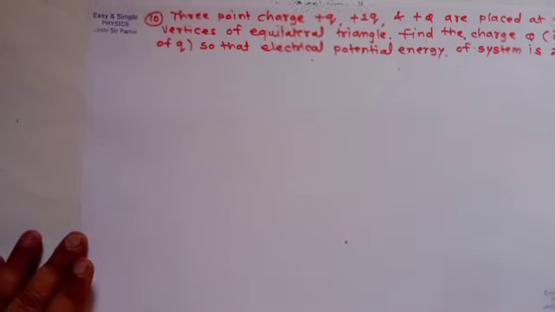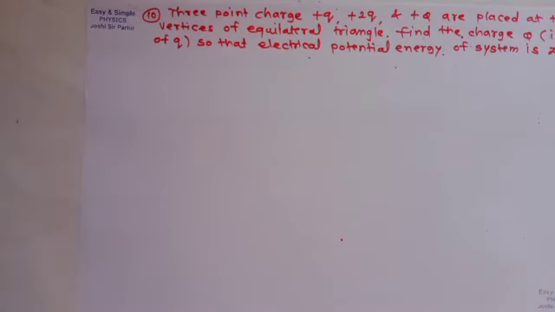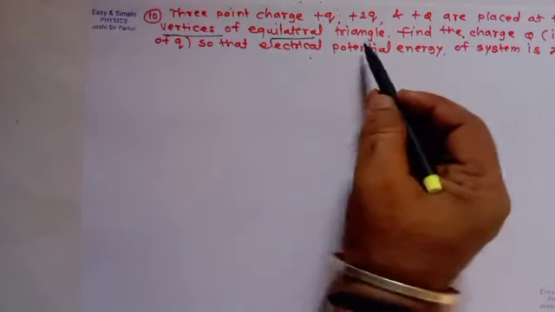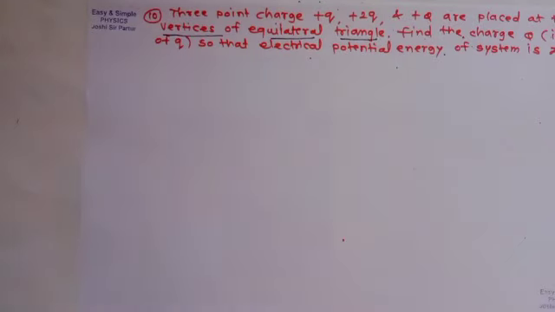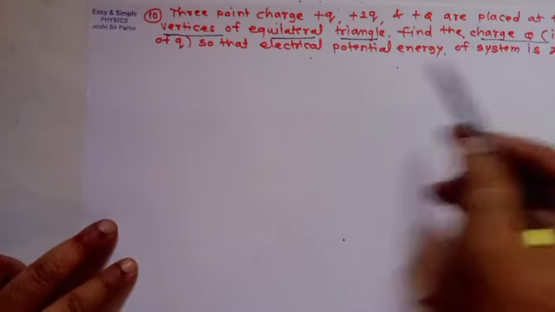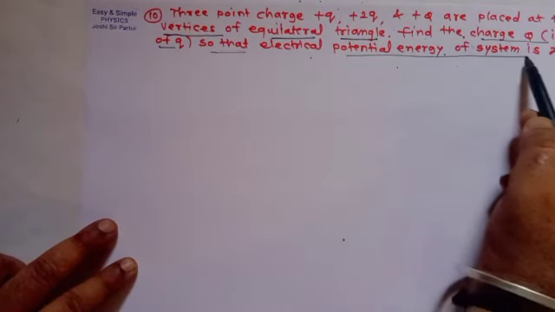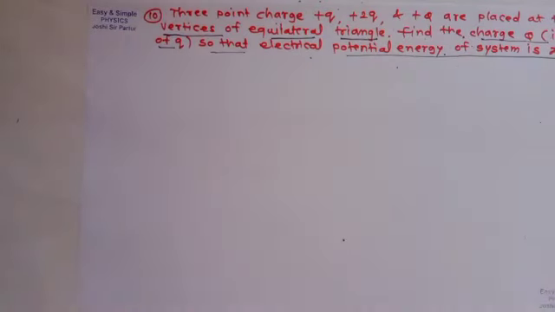Again, consider three point charges plus q, plus 2q and plus capital Q, placed at the 3 vertices of an equilateral triangle. Find the charge Q in terms of small q, so that the electrical potential energy of the system will be 0.